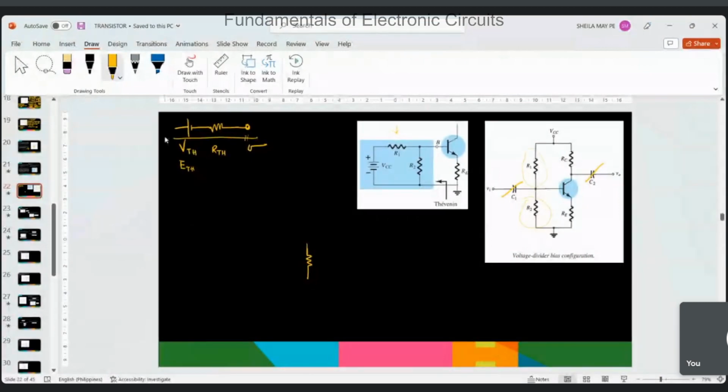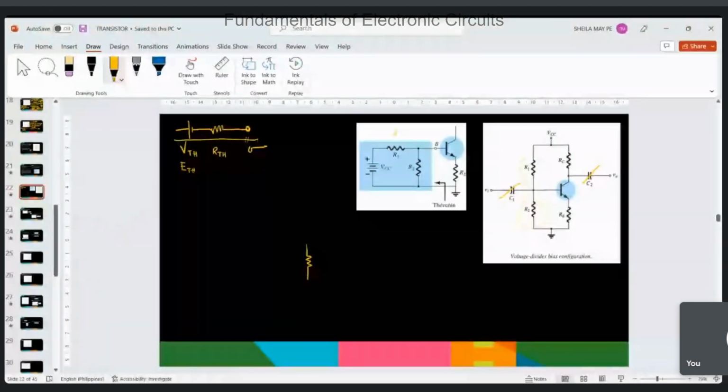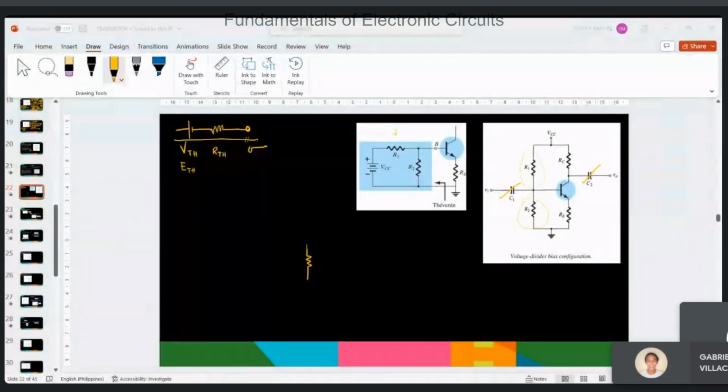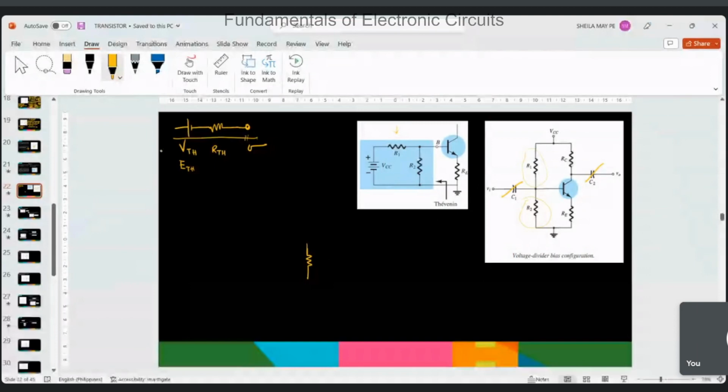So this exact analysis uses the Thevenin theorem. Now, since we are using the Thevenin theorem, class, our aim is to simplify our circuit.